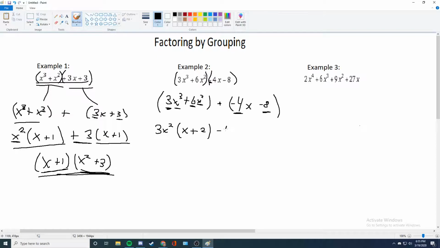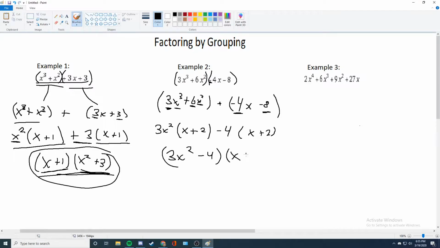So we can subtract 4 times another x plus 2. And again, we'll condense it into these two terms like the last time. So we'll have 3x squared minus 4 as one term, and then that x plus 2 that's left over.